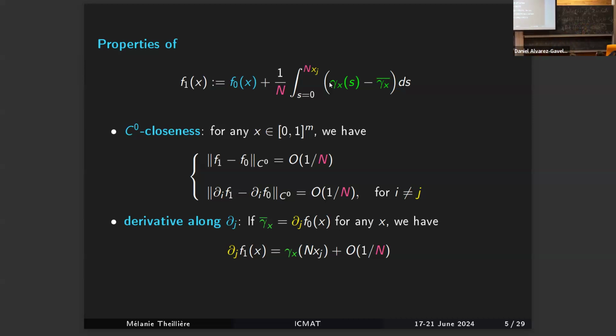Now when we assume that the average of the loop is the derivative we want to modify, that means this value vanishes. So we have the new derivative in the direction dj, which equals something in the image of gamma x plus an error controlled by the number of corrugations. Is it fine for everyone?